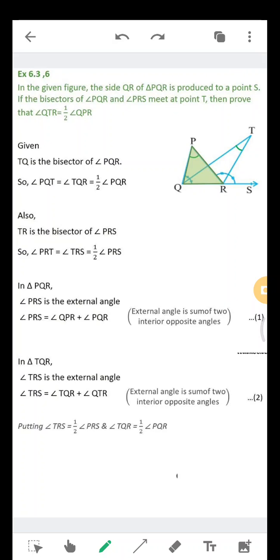Now I'll use the first and the second steps. What we have done is we proved that TRS is half of PRS, and we proved TQR is half of PQR. We will substitute these values in the equation.